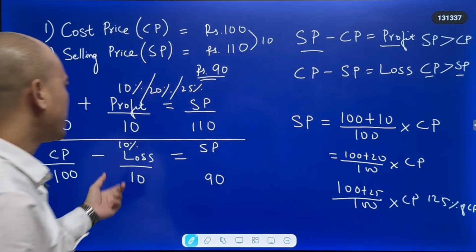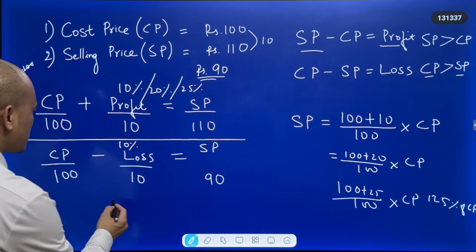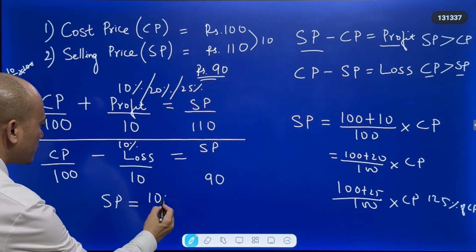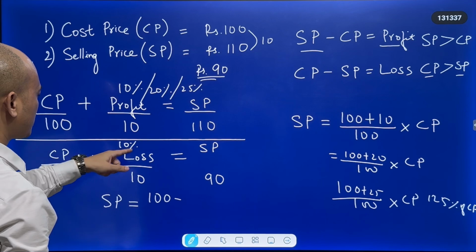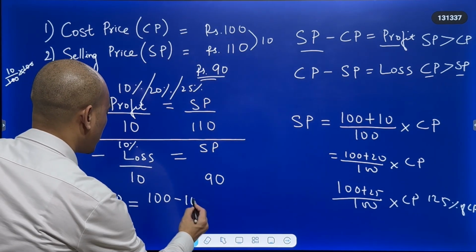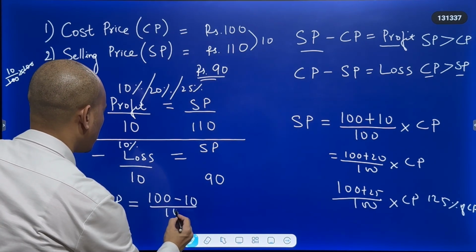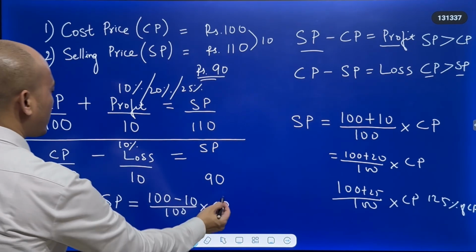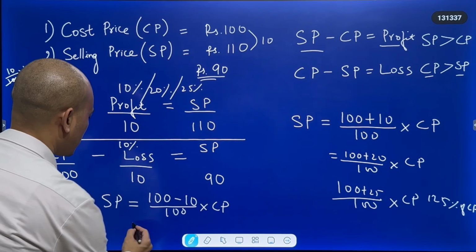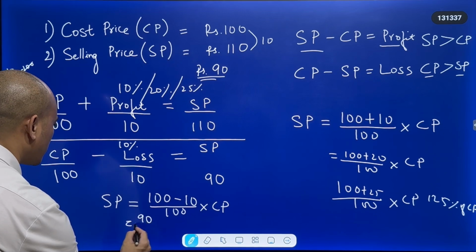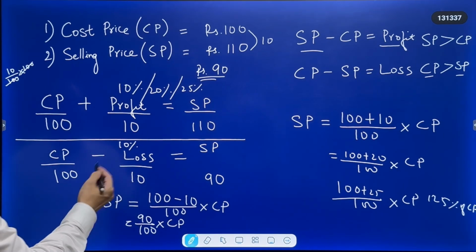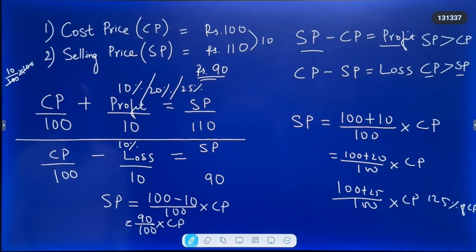If we want to do it directly, selling price is equal to 100 minus loss percent by 100 into CP, that is 90 by 100 into CP, or 90% of CP.